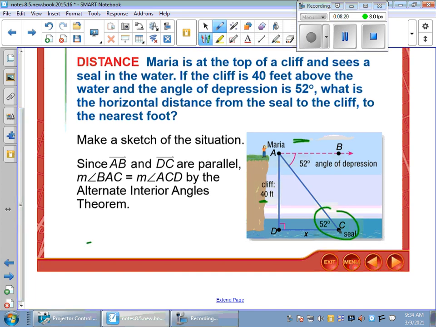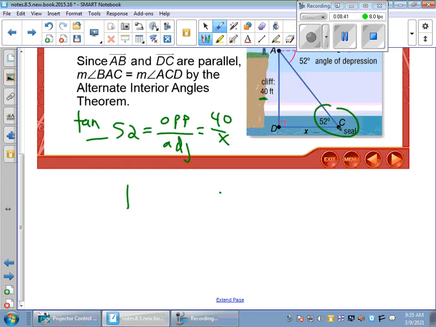So blank of 52 equals opposite over adjacent. So again, what is that? That's tangent. Tangent of 52 equals opposite over adjacent, so that is 40 over x. So again, if we're rewriting this, we have the tangent of 52 equals 40 over x.